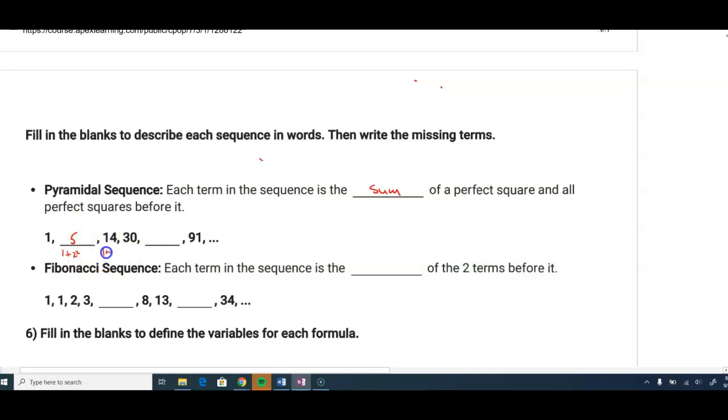This is 1 plus 4 plus 9, which is going to give me 14. Then when I add 16, it gives me 30. So this one is going to be 30 plus 5 squared, which is 25, which will give me 55, and so on.